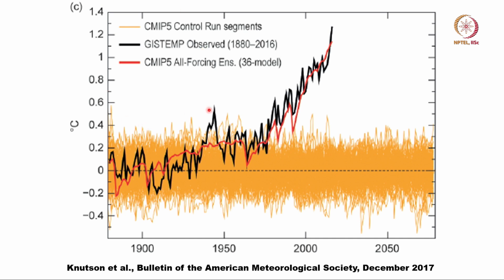The models were run twice, once without changing CO2, keeping CO2 at the pre-industrial value of 280 parts per million for about 150 years, and then again with increasing CO2 as observed. That is the red one, which is the mean of 36 models, and the black one is the observation.